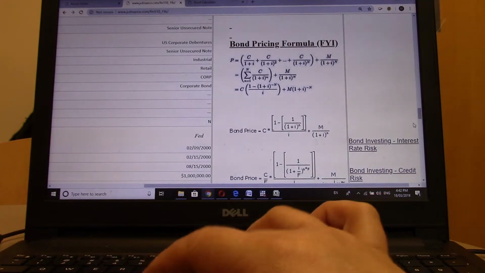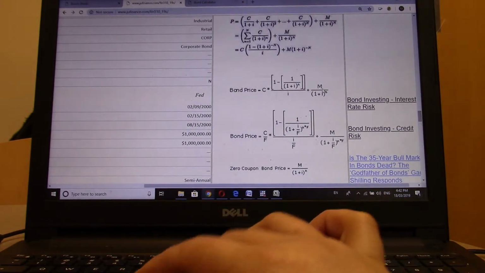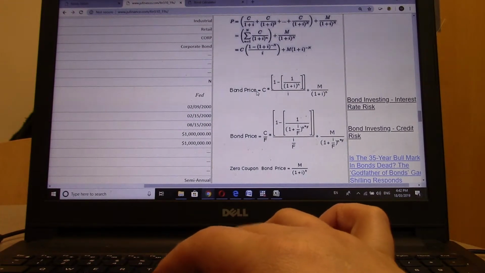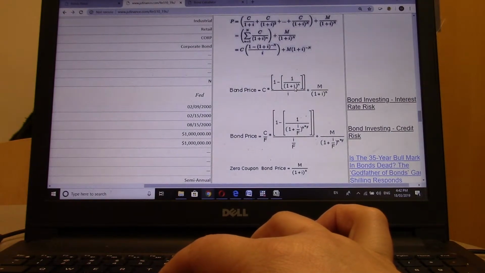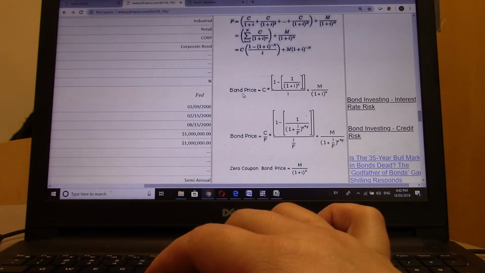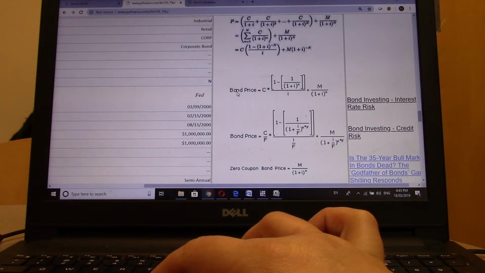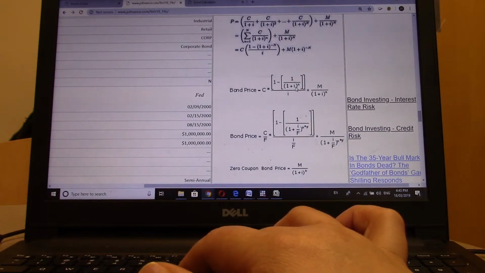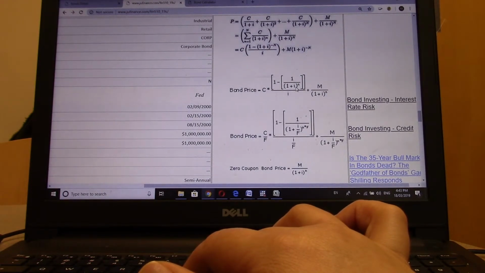So this is bond pricing, and if you want to use this bond pricing equation to figure out the return, there's no equation for the return. You need to use the same equation, but since you know the bond price, you need to work in reverse to figure out how much this I is. Since this is very difficult, you have to just try.